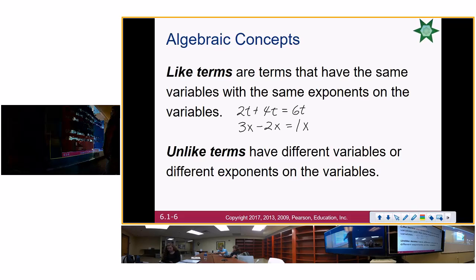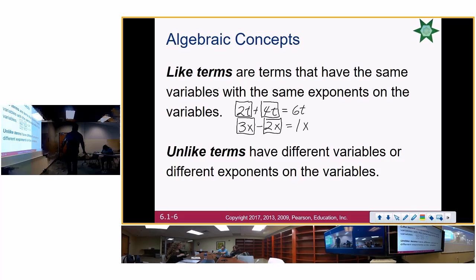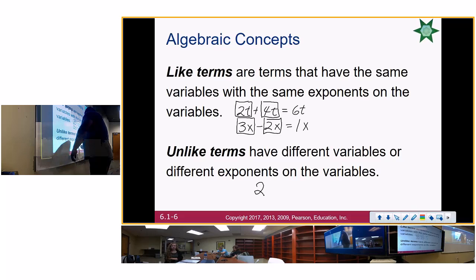These are terms. What do you do with terms? You either add, subtract, multiply, or what? Divide. We'll get to the other ones later. Right now, let's just crawl before we can walk. Unlike terms would be like in your graphing, 2x plus 3y.